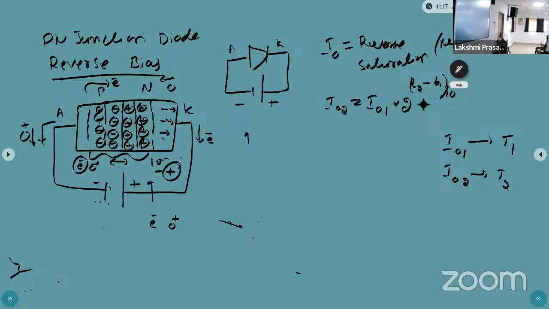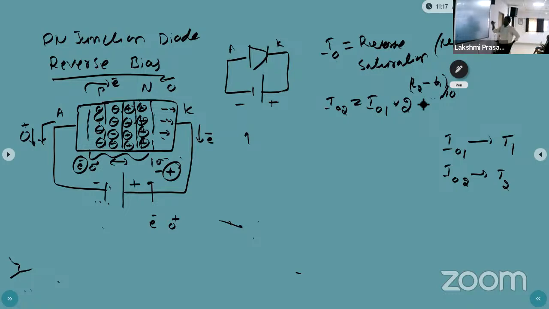Both I01 and I02 are reverse currents only. When temperature increases, reverse saturation current also increases. At what rate is it increasing? When temperature increases by 10, it is 2 I01; by 20, it is 4; by 30, it is 2 to the power 3, that is 8.